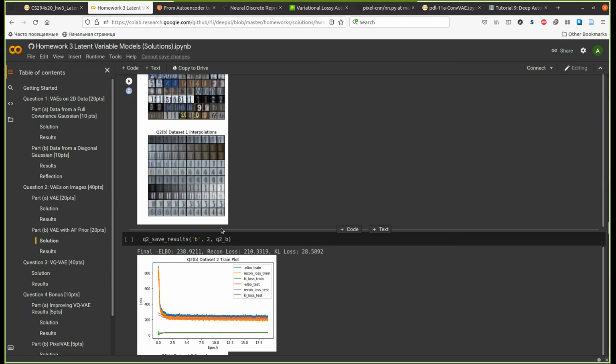And so I think our latent variable should be able to be reconstructed into a concrete data point.